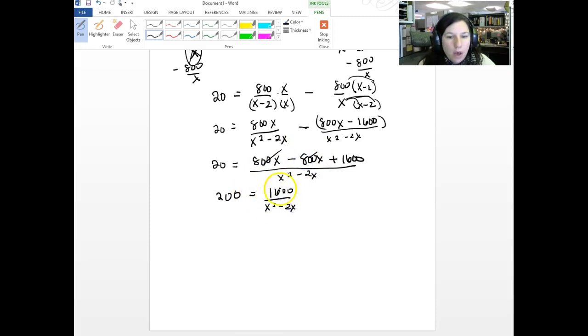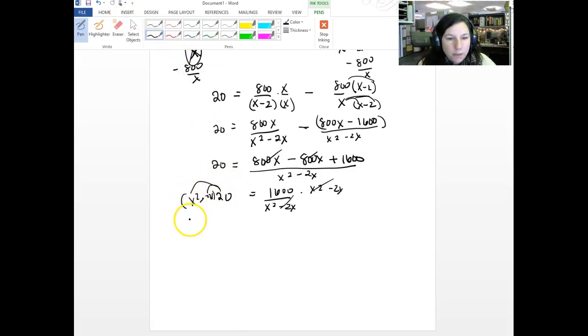Okay, now to continue, I'm going to multiply both sides by X squared minus 2X. So then it will cancel here because X squared minus 2X divided by X squared minus 2X is just 1. And then this 20 is going to distribute to both of these.